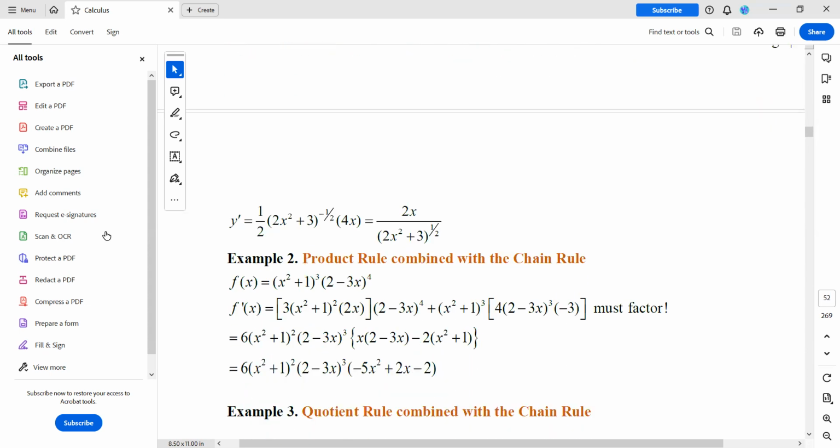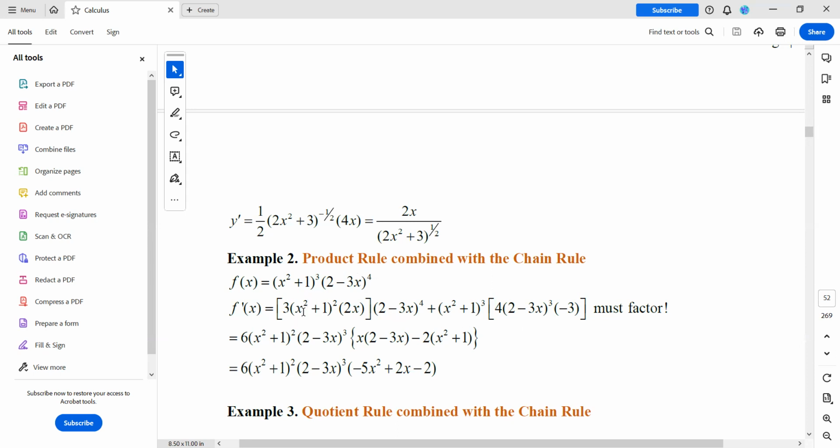Now let's find product rule combined with chain rule. This question is x squared plus 1 cubed times 2 minus 3x raised to power 4. For you to find the product rule combined with chain rule, you're going to differentiate f of x, leave g of x, plus leave f of x, differentiate g of x, which is basically what I have here.